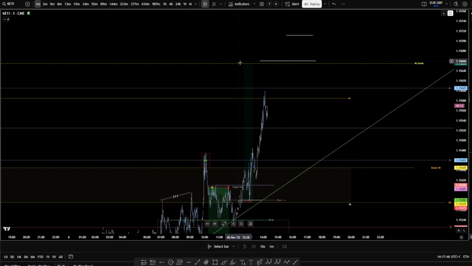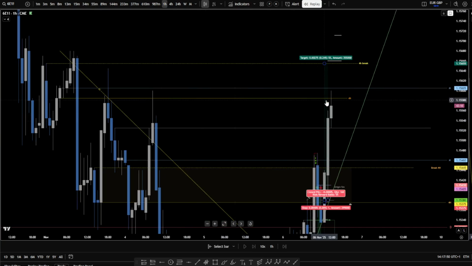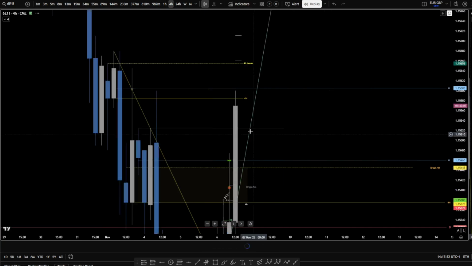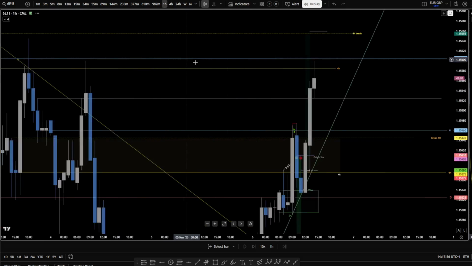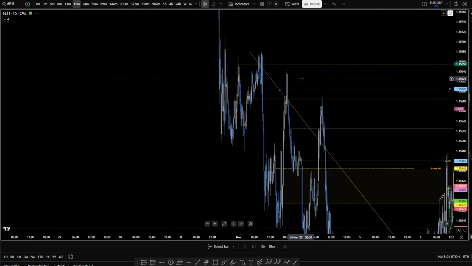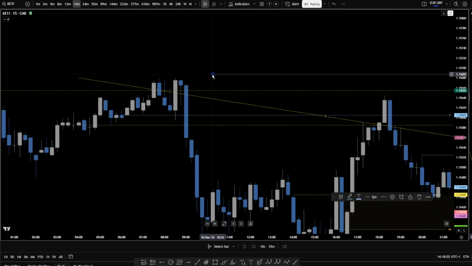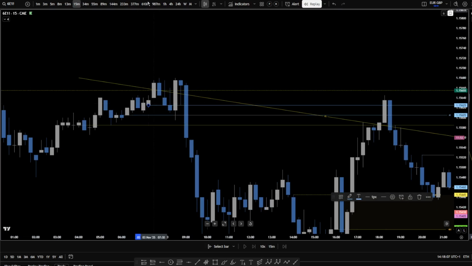And we have actually something on top that it could test. Could be this 4-hour, but problem is the 4-hour is already tested right here. The hourly is not. This hourly was not tested, and we have some levels inside of it. We have a 15-minute here.